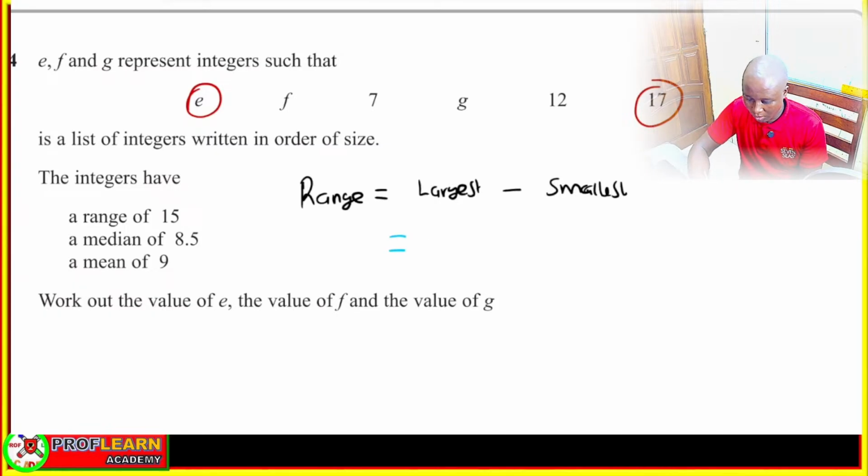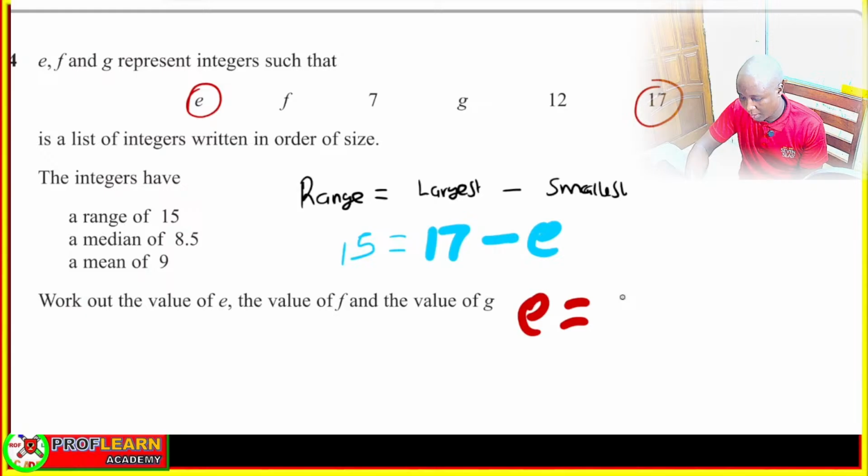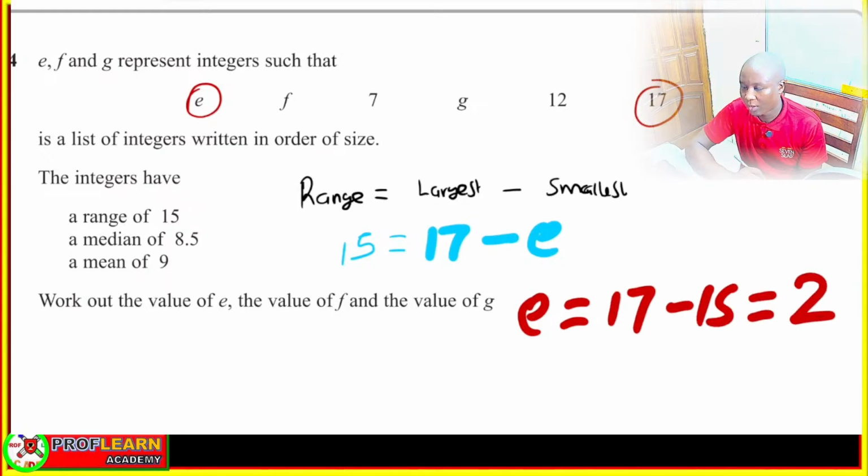So here we are supposed to say the range is actually 15, and then we write the largest number is 17, then we subtract the smallest number, which is E. So what is going to be our E? Our E is going to be basically 17 minus 15, and that's going to be 2, as you can see here.